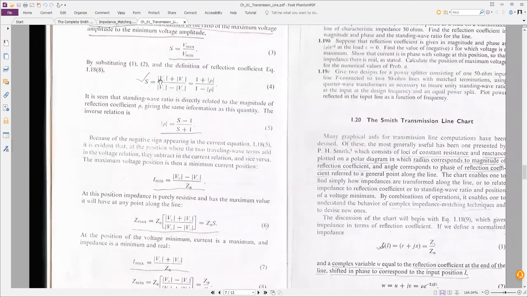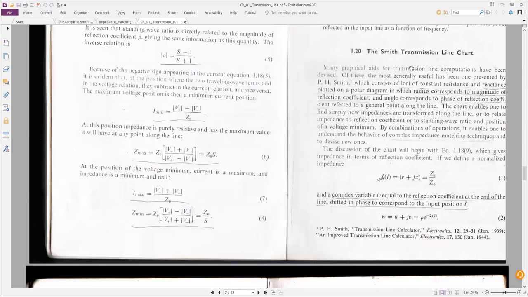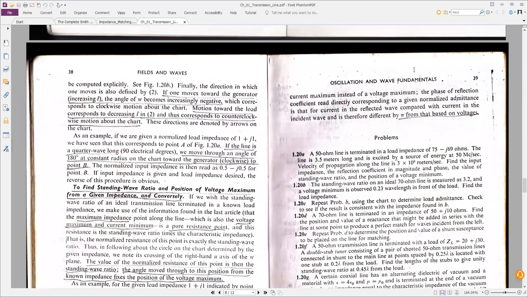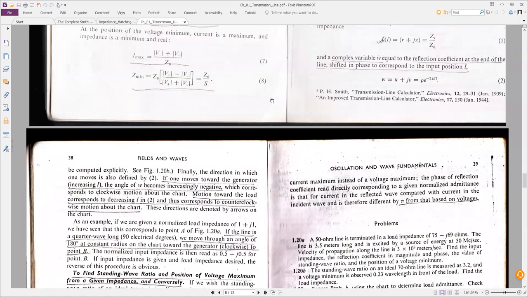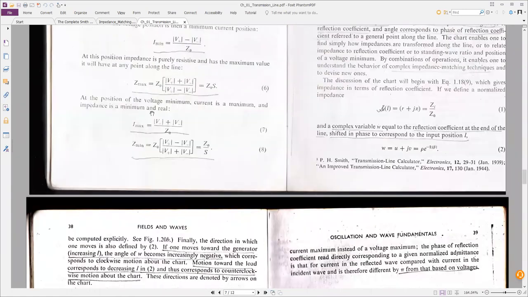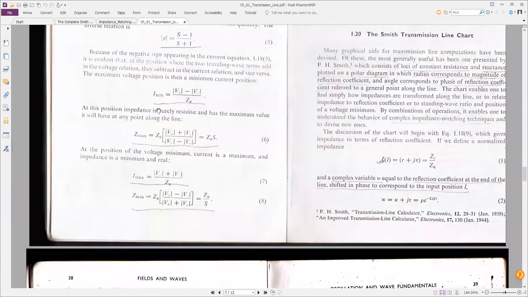Standing wave ratio, the Smith chart. This one, the Smith transmission line chart. Okay, we have to look at this one. So before starting this one, let me show you the Smith chart, a brief idea.